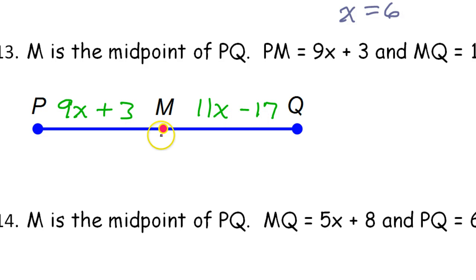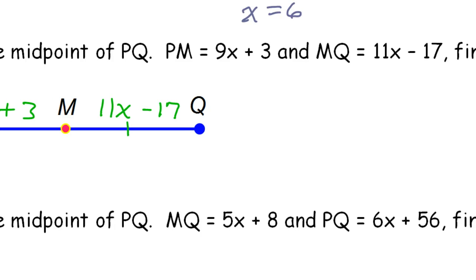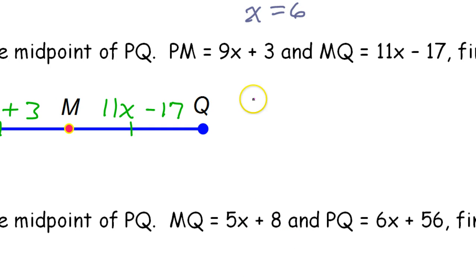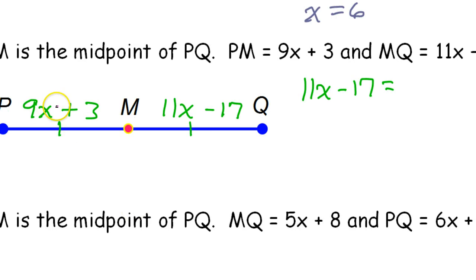Well, if M is the midpoint, then these are equal to each other. So if I set these equal to each other, I'm going to have 11x minus 17 is equal to 9x plus 3.